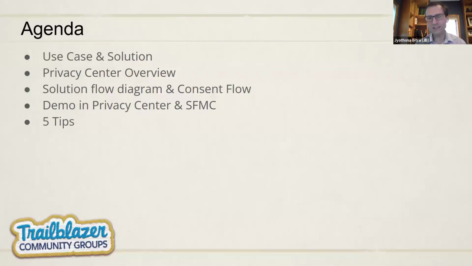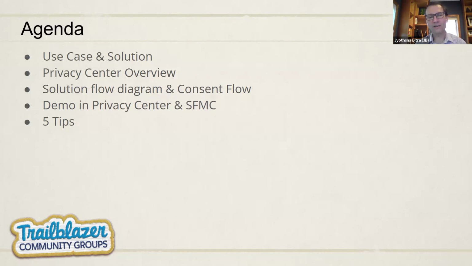So we're going to start in Privacy Center, give a quick tour of that. We're going to walk through creating a simple preference center using their custom preference center tool. Show you a consent record that is on the consent model, how that gets created via Privacy Center.